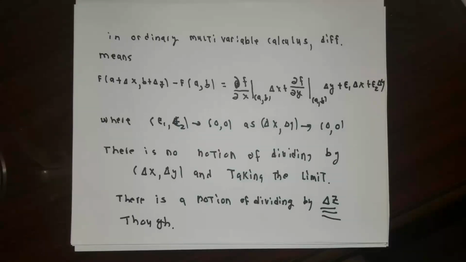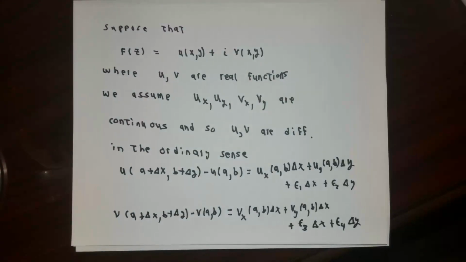There will be a notion of dividing through by how much the input changed and taking the limit of that as that change tends to 0. So let's suppose that I have a function f of z. I can write it as u of x and y plus i v of x and y, where u and v are ordinary real multivariable functions.